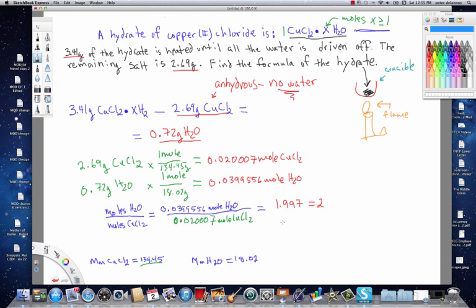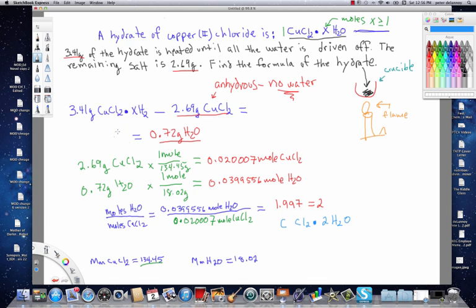So the formula of our hydrate is going to be CuCl2 dot 2H2O. Let me just clean this up a little bit because I don't want you to think that I just wrote the symbol for calcium. So it's copper. Now, as an aside, but equally important here, I'm going to translate our formula right here into its correct name.